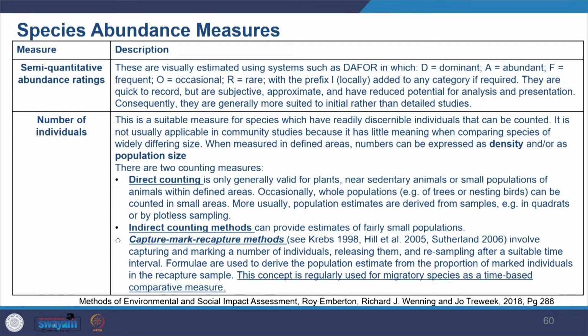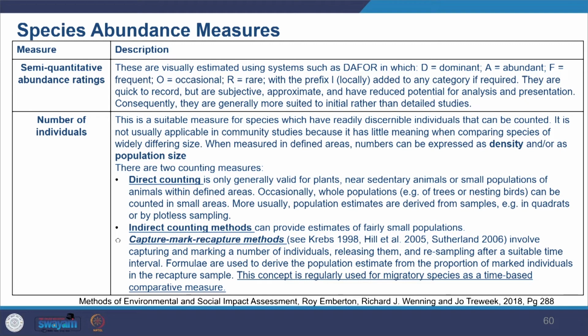And then the indirect counting method can provide estimates for small populations, and for this you use the capture mark recapture method. This involves capturing animals in the area and marking a number of individuals, and then you release them, and then you resample after a suitable time interval and count them back.